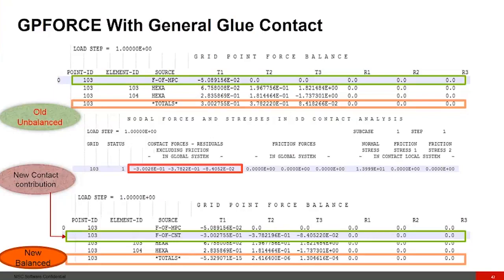So before version 2018, you can see that the totals were not adding up to 0. That's because we did not account separately for the contact forces. But in the new version 2018, we have the force of contact in the GPFORCE output table, and the totals are 0, and it's balanced.